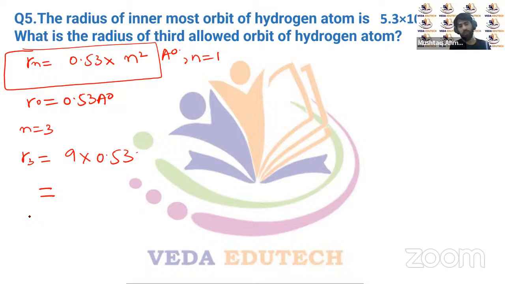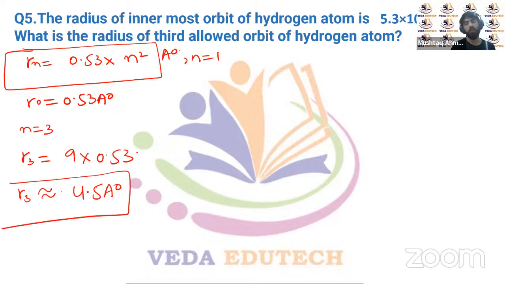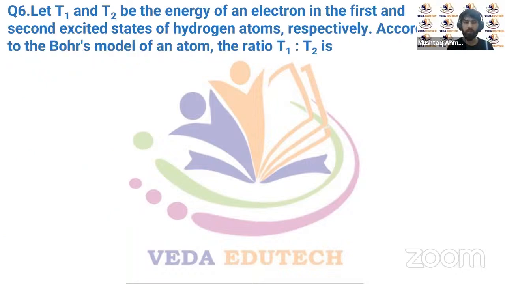That will be approximately 4.5 angstroms. So this much in angstroms will be the radius of the third orbit for the hydrogen atom.